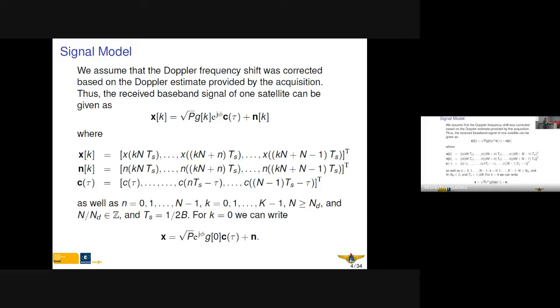This is for x of 0, and this is again the square root of P, the power of the signal, times the exponential with the argument j phi, times g of 0, which is the navigation data bit, if any is there at time instant 0, and then we have the PRN sequence and the noise vector.